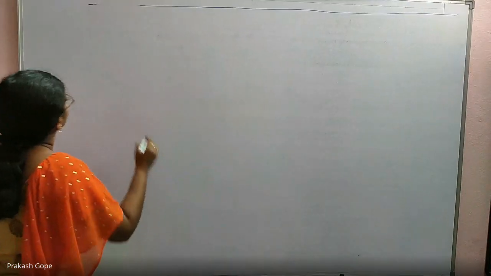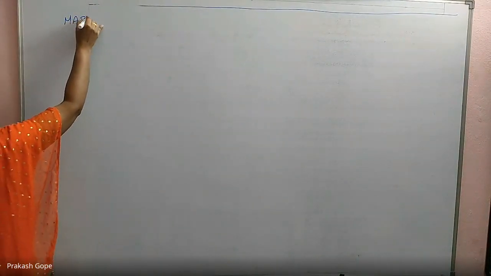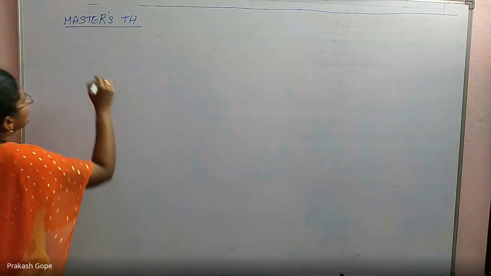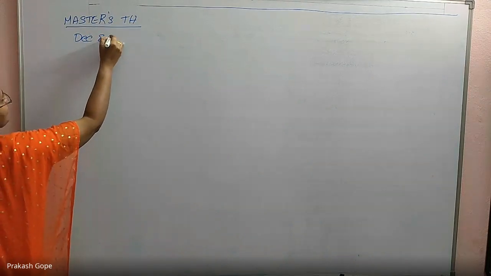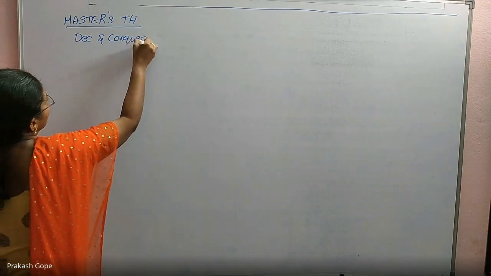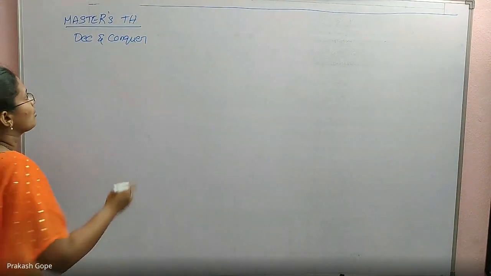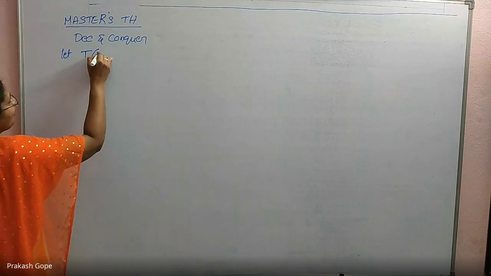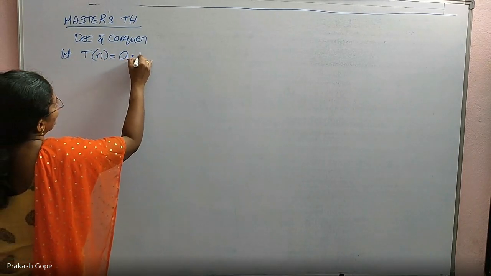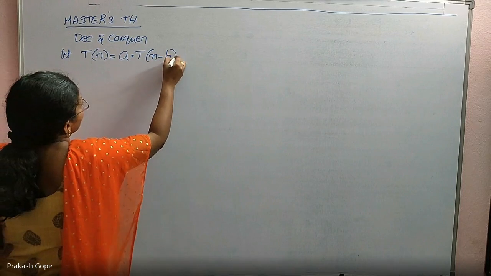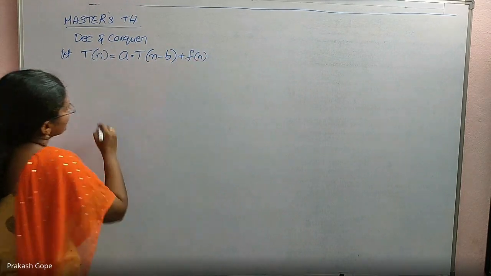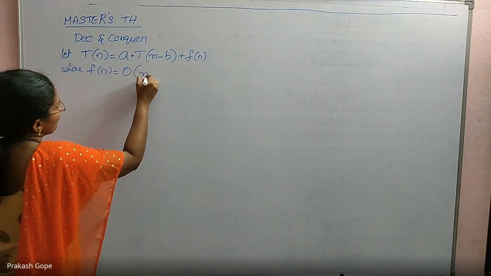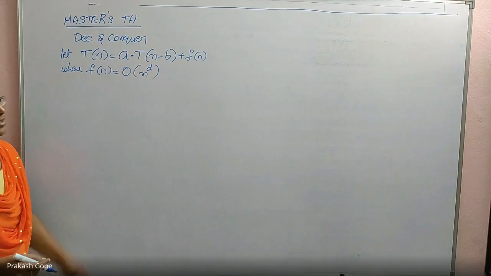Master's theorem, for the decrease and conquer case. I'm talking about the decrease and conquer case, which means let T of n is equal to A into T of n minus B plus f of n format, where f of n is in terms of n power d format, which means a polynomial is there here.